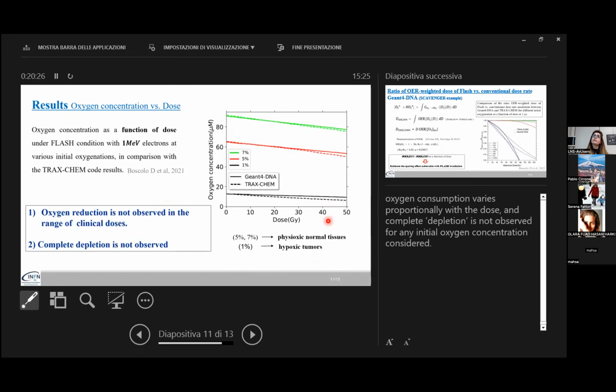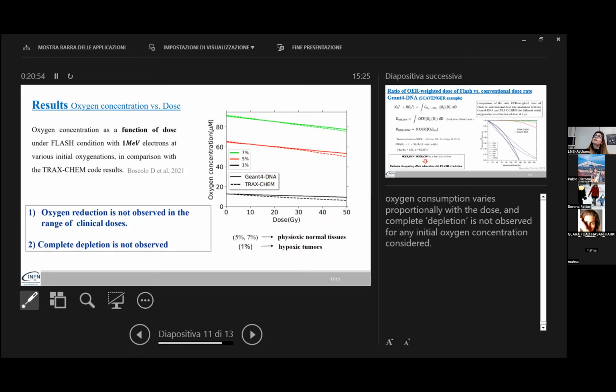And in this slide, you can see oxygen concentration as a function of dose under flash for million electron volt. In this plot, 7 and 5% show the physoxic normal tissue, and 1% indicates the hypoxic tumors.